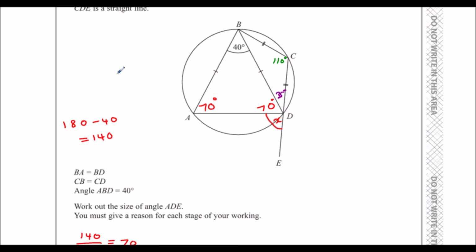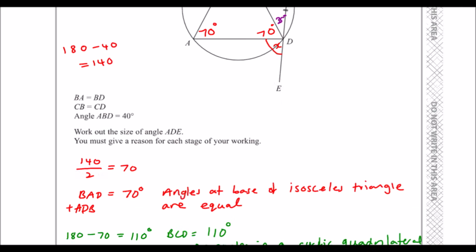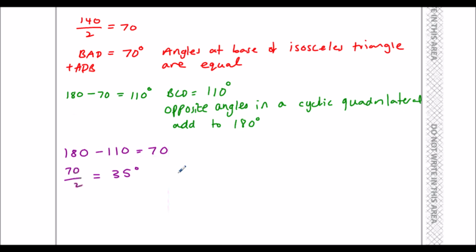BDC is 35 degrees. And so is this one up here. But I'll just write BDC is 35 degrees. Again, angles at the base of an isosceles triangle are equal.